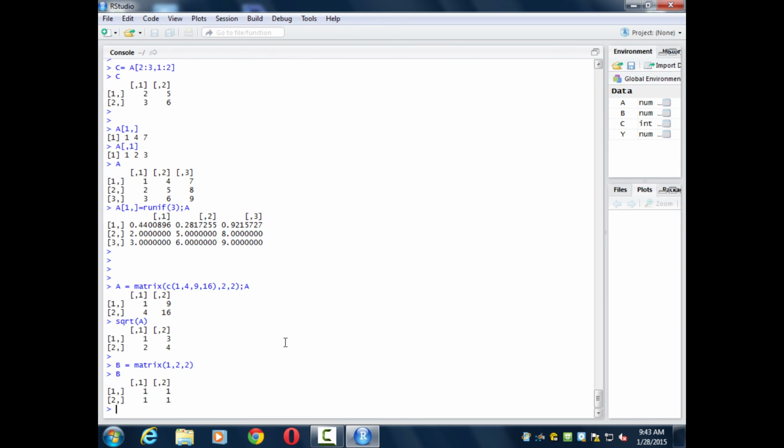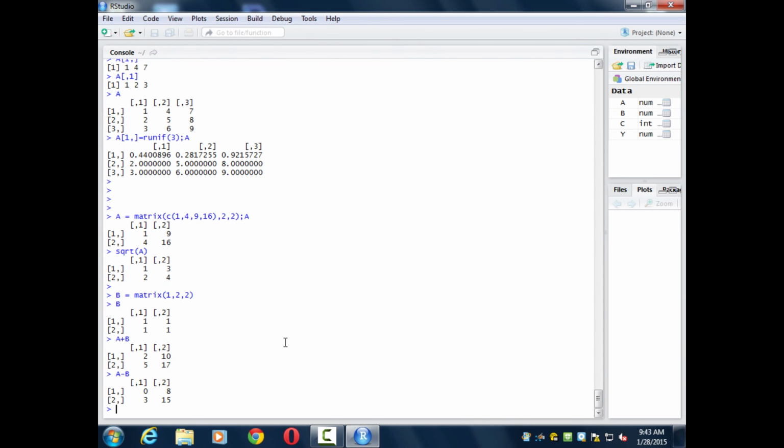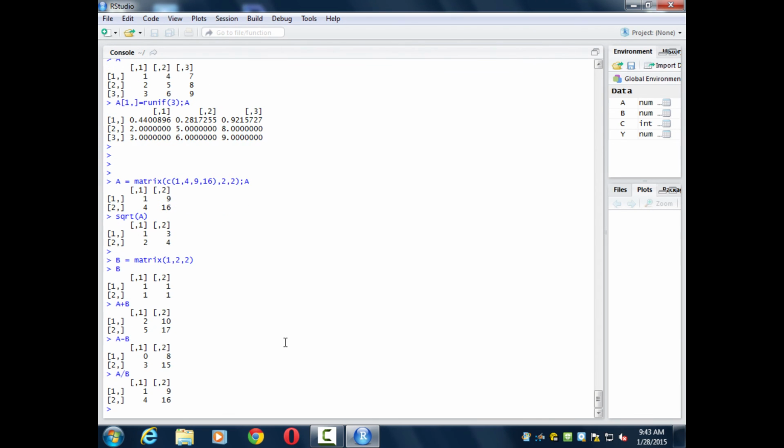So we can do things like A plus B, A minus B. All these operations are carried out on every element. A divided by B. So here's where we need to be careful. With an operation like A divided by B, that means that every element, the 1, 1 element of A is divided by the 1, 1 element of B, and so on.